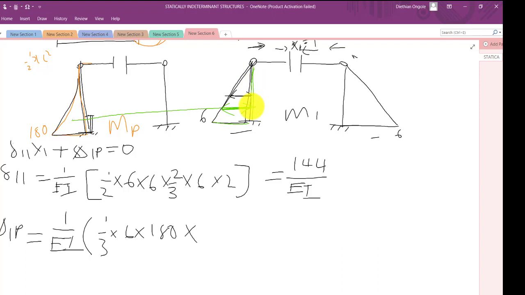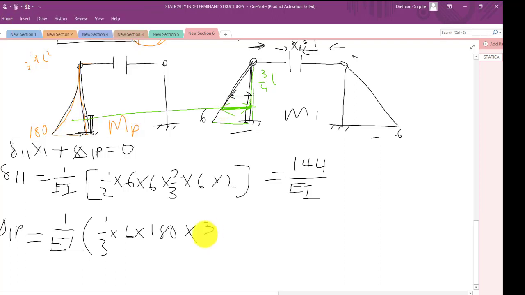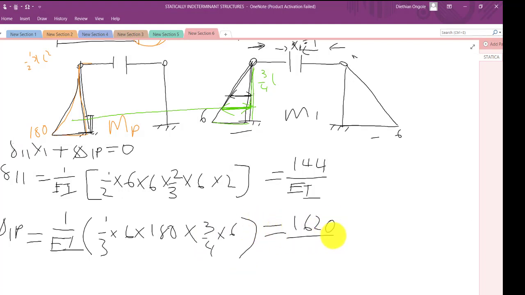So this one here would be 3 over 4 L. Therefore this height would also be 3 over 4 L. So I multiply this times 3 over 4 times L. Our L is 6. This would be equivalent to 1620 divided by EI.